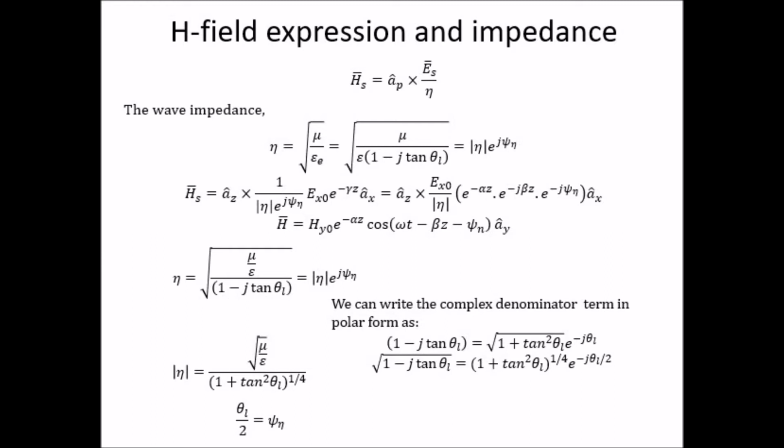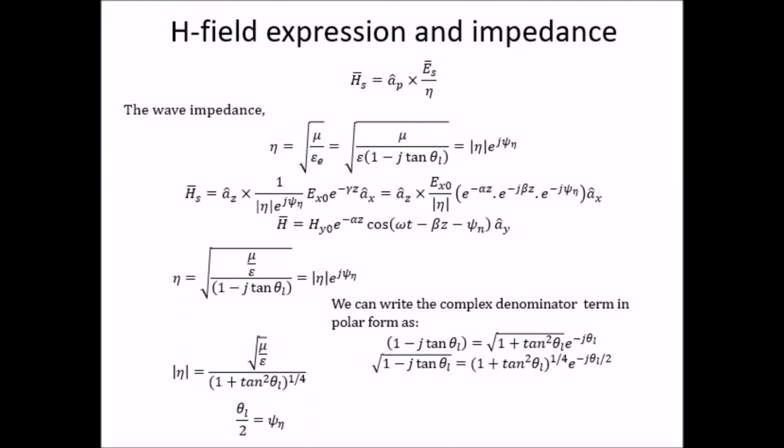So we can write e to the power negative alpha z times e to the power negative j beta z, and the phase angle of the wave impedance is e to the power negative j psi_eta. We shift the phase angle from the denominator to the top, so it becomes e to the power negative j psi_eta a_x.